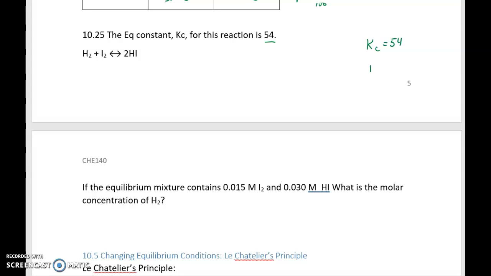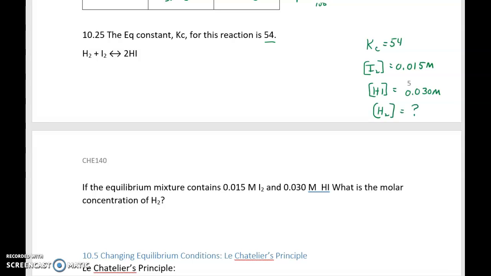And I know that the iodine concentration is 0.015 molar, and that the hydrogen iodide concentration is equal to 0.030 molar, and that we don't know what the hydrogen concentration is. That's what we would like to find out.